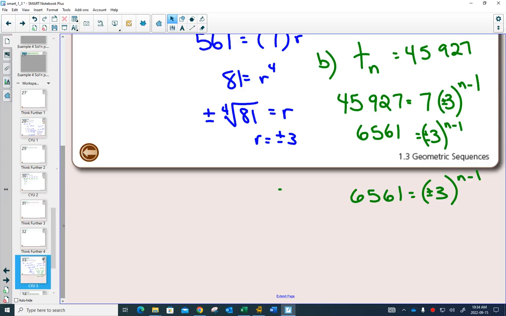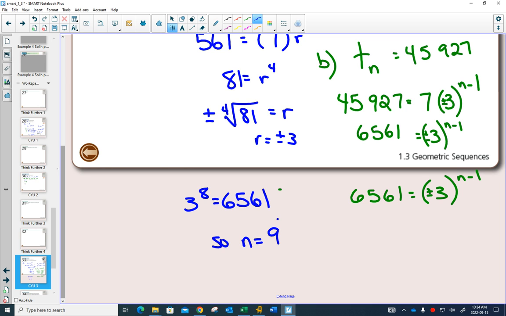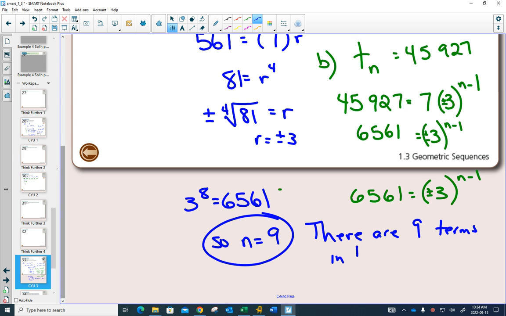What about 3 to the 8? 6561. 3 to the 8 equals 6561, so n has to equal 9. There are 9 terms in the sequence.